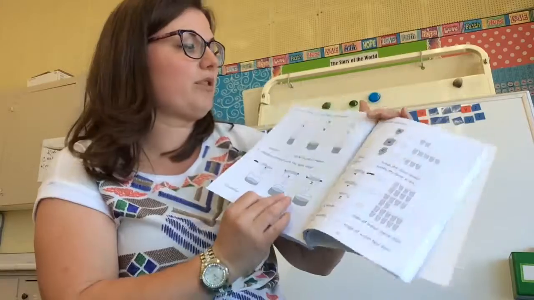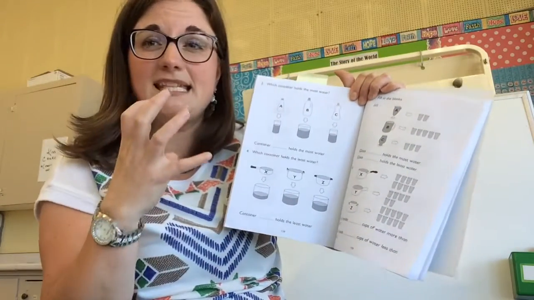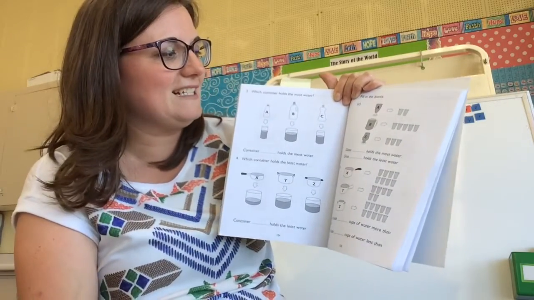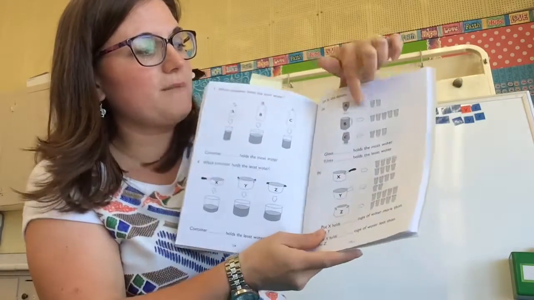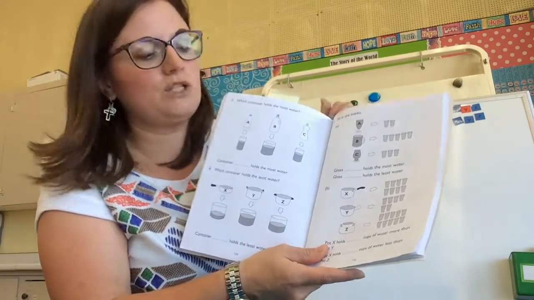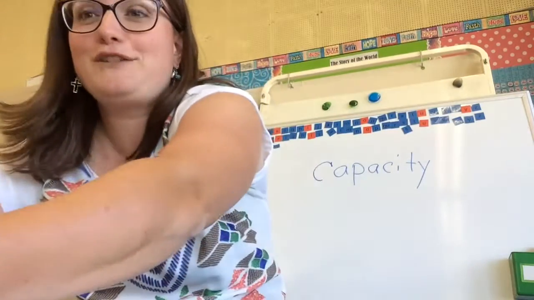We're pouring them into the same container so we can compare which one had more and which one had less. Or we could pour them into cups and say which one had the most cups of water and which one had the least. So you're going to do exercise 50 and 51 today, okay?